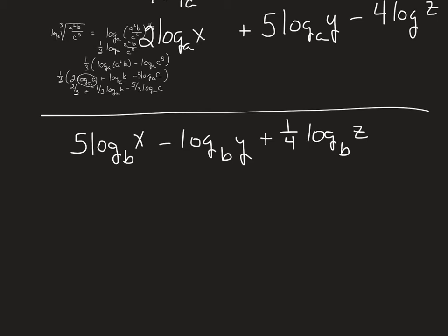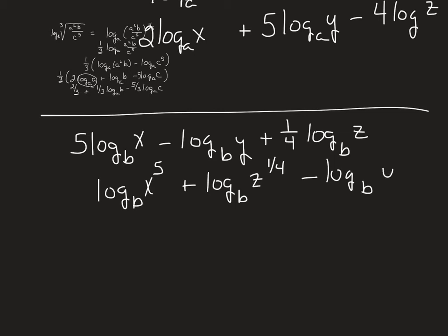So let's just do this first. Log base b of x to the fifth. And I'm going to rearrange these since I don't have them grouped in parentheses. Plus log base b of z to the 1/4 minus log base b of y. You don't have to do it that way.